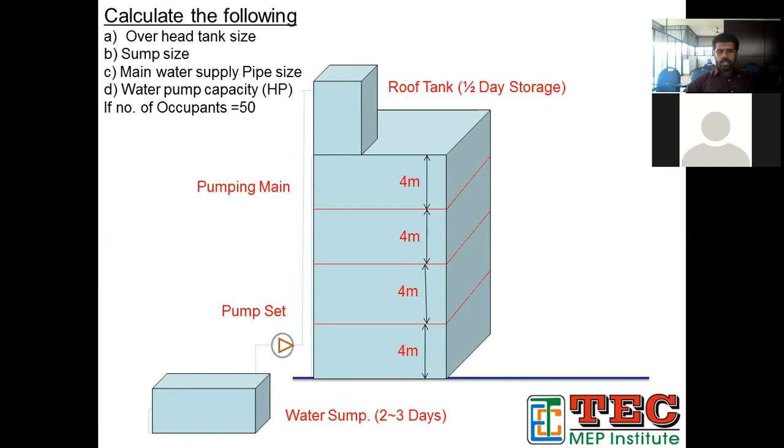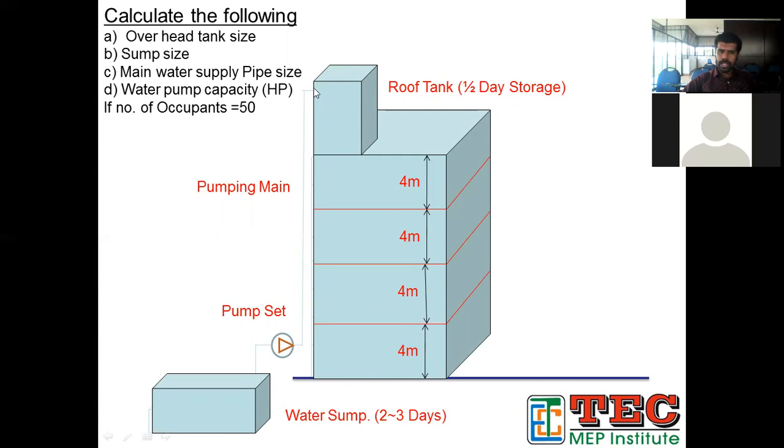So here what you have to do is take this height as 1.2, including the freeboard also. 1.2 plus 4 plus 4 plus 4 plus 4, 16.